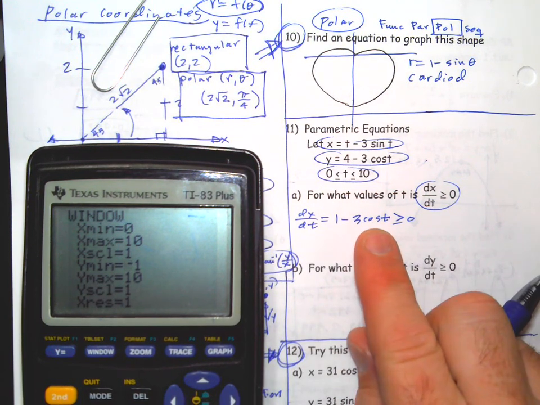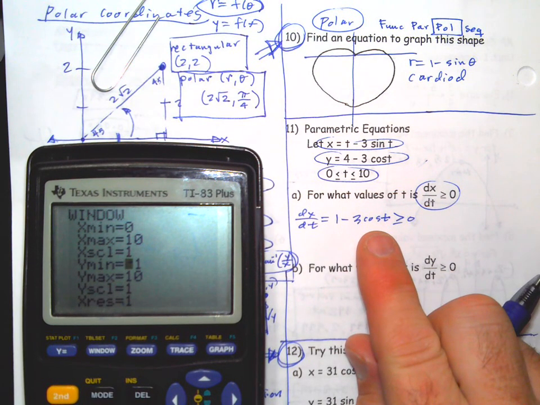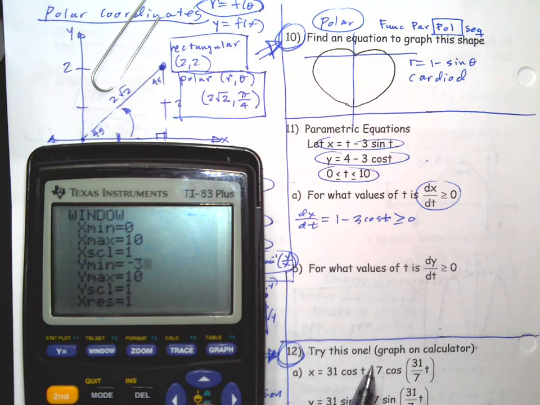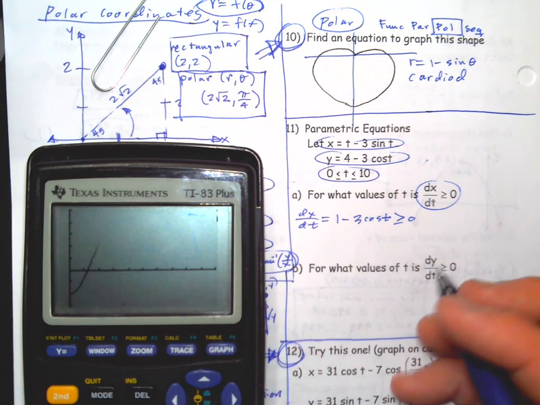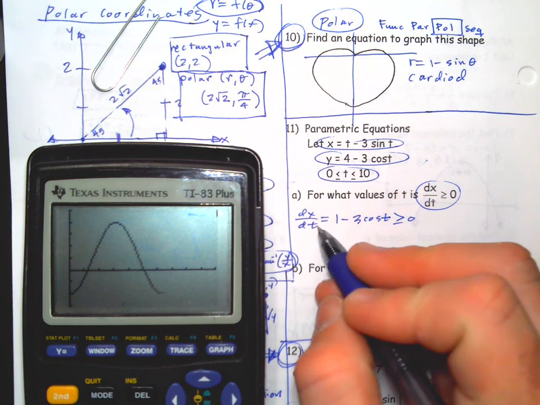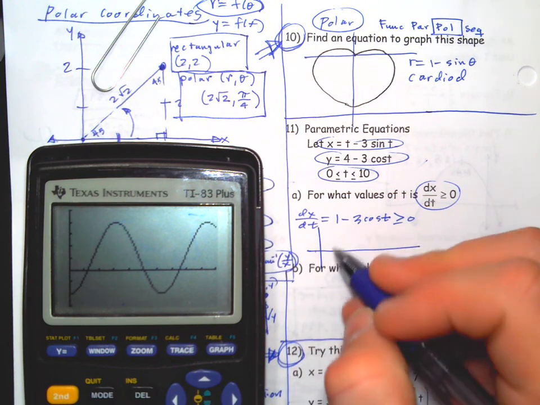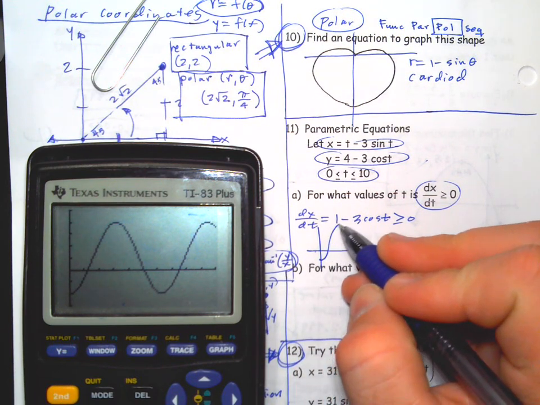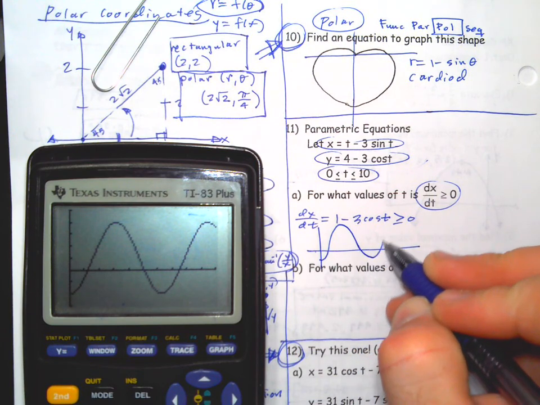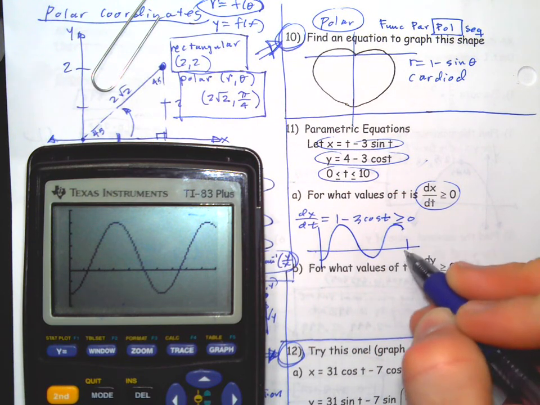Now this is a cosine curve multiplied by 3, shifted up 1. So I think if we did -3 to 5, that would probably give us a good view of it. So we could sketch this since we're using our calculator to do it. We could do a line check, by the way, but you do have a calculator, so we might as well take advantage of it.